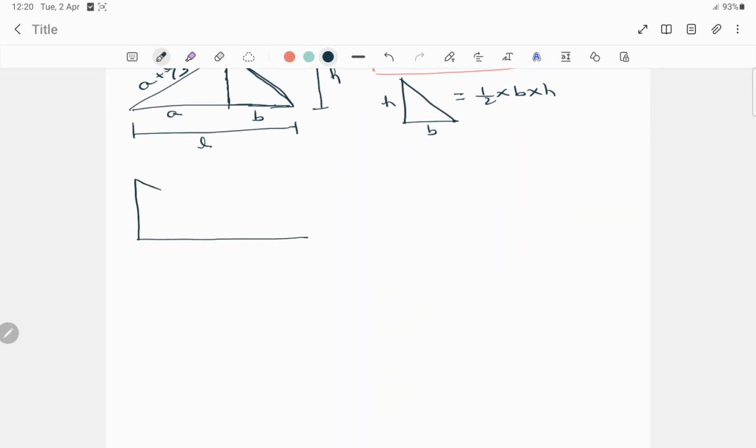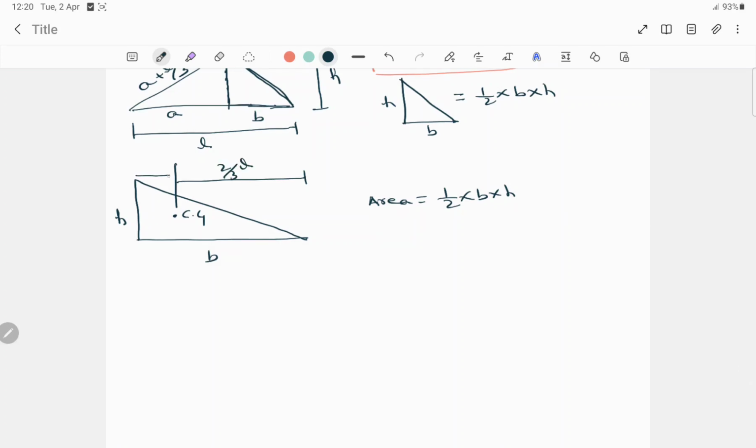If our bending moment is like this, then the area can be determined by the same formula, half into base into height. As I've already mentioned in my previous video, CG is the center of gravity. From this end, the CG distance will be 2/3 of L, and this distance will be 1/3 of L.